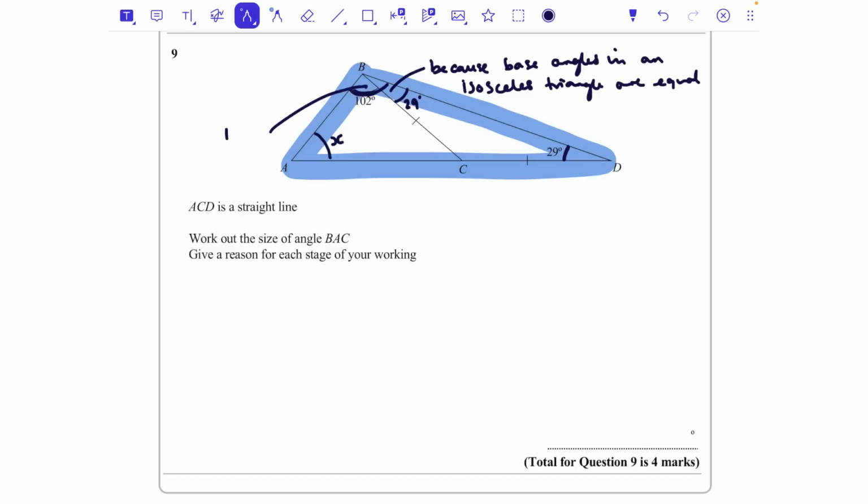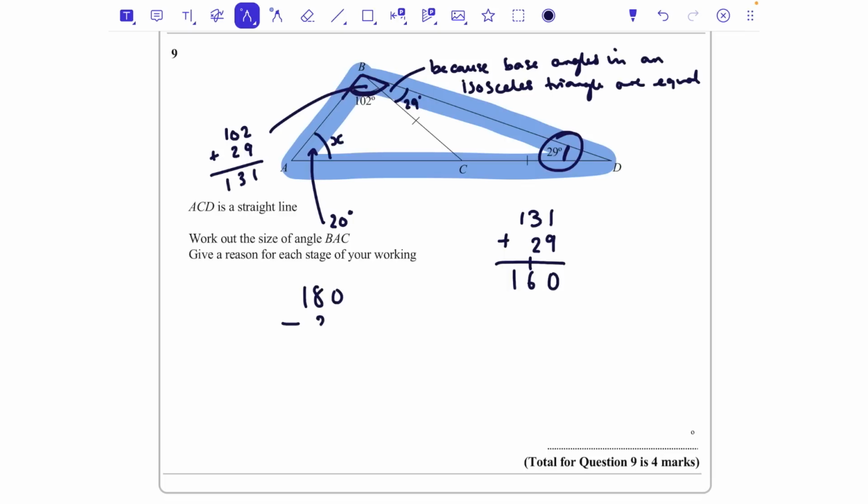So if I do 102 add 29, I get 131, and that's going to be all of this angle up here. So I've now got 131 add this 29, which gives me 160, and that means that I'm left over here with 20 degrees. So 180 take away 160 is 20 degrees.